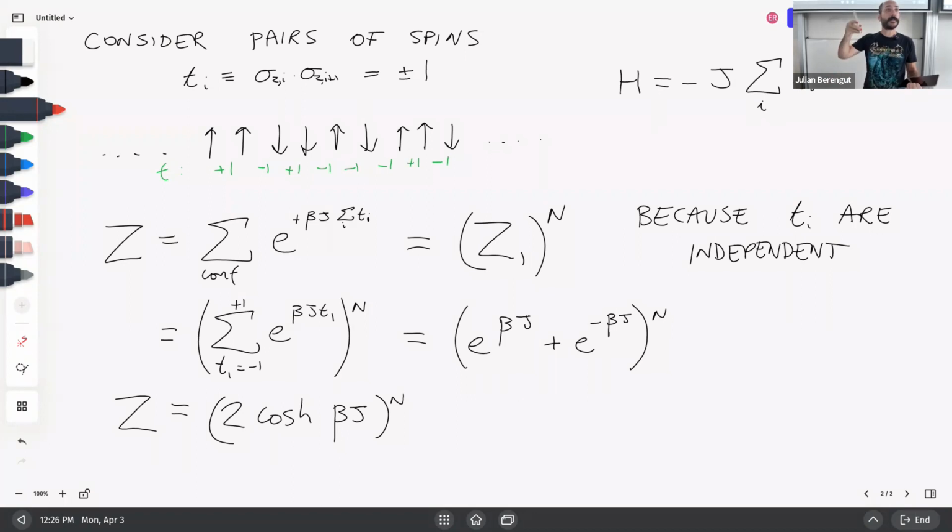I don't care, because we're not flipping a spin. What we're doing is summing over all possible configurations. In each configuration, the energy is a simple sum over those t_i. That's the energy. Really simple. They don't affect the energy in pairs. They affect the energy separately, and they affect the configuration separately. Do you see how any configuration can be written down as a set of t's, and conversely, any set of t's will correspond to a configuration?